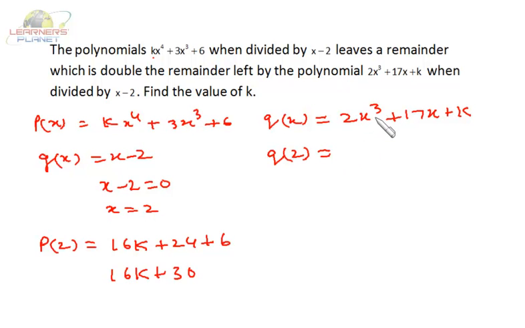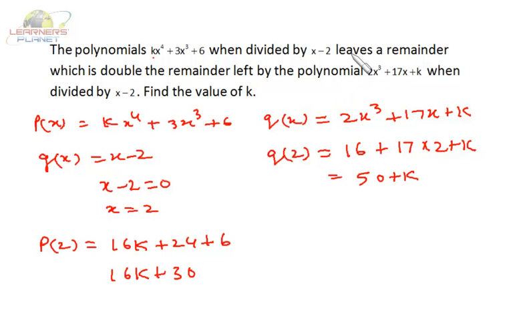It's 2 cube, that is 8, into 2, 16, plus 17 into 2, plus k. So it is 16 + 34 + k, or we can say 50 + k. Now if p(x) is divided by g(x), the remainder is 16k + 30, and if q(x) is divided by g(x), the remainder is 50 + k.